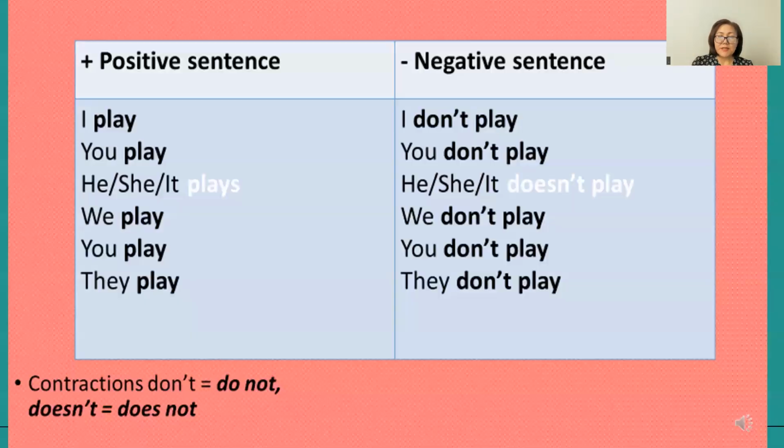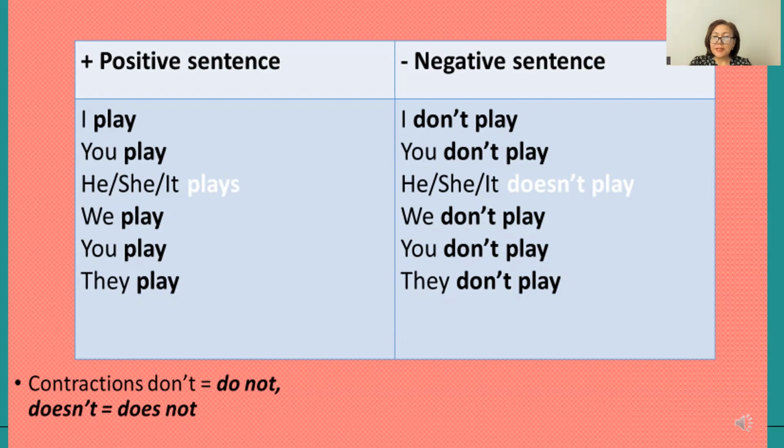In positive sentences, you can see in the chart the examples of positive sentences and examples of negative sentences. Again, if you take one verb, let's take play: I play, you play, he, she, it plays, we play, you play, they play.